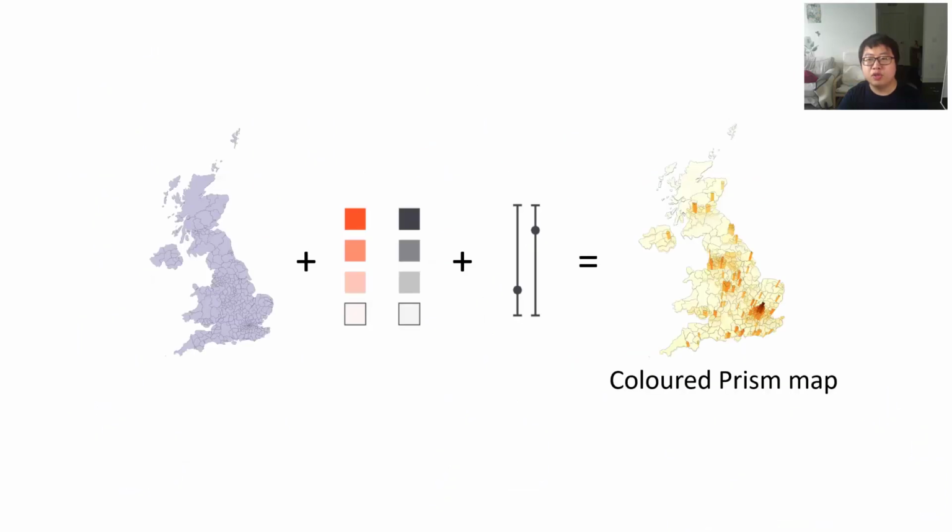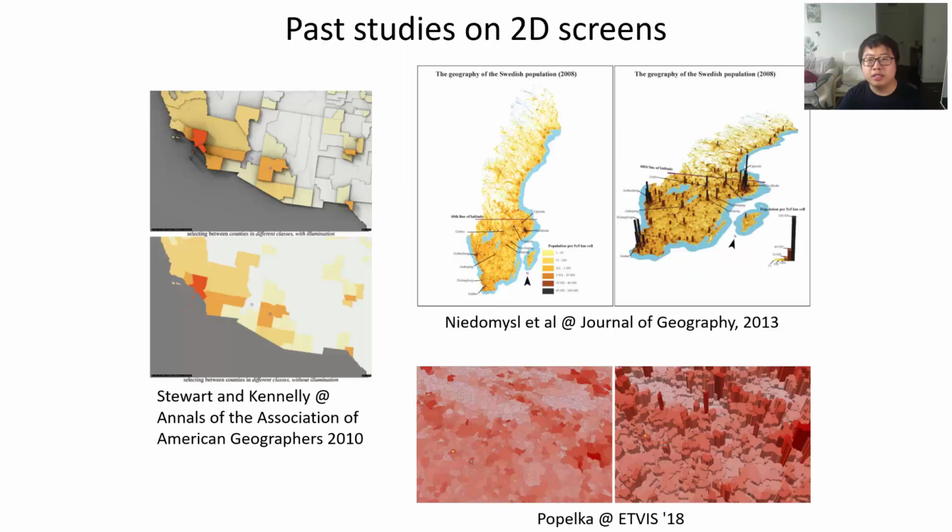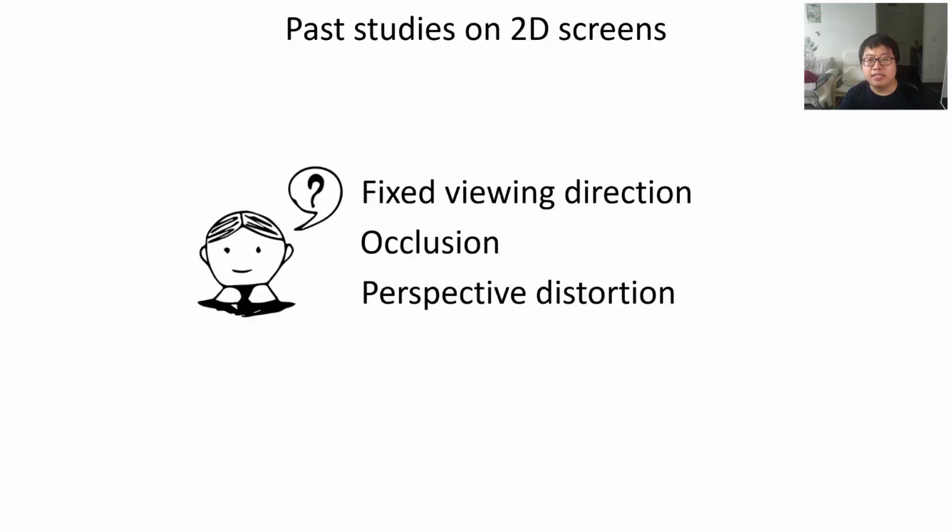It is also possible to use both color and height. In this paper, the first question we want to answer is, which one is a better choice? We found limited user studies investigating this issue. Furthermore, these studies were conducted on 2D screens. Their participants were only allowed to have one viewing direction.